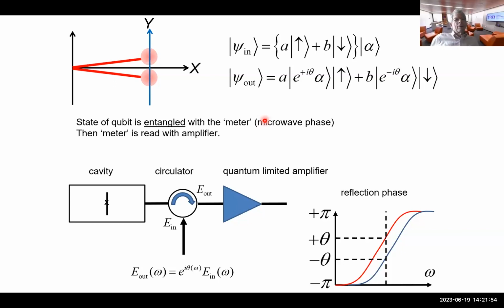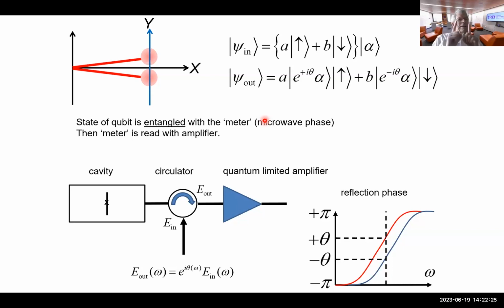So there are a number of ways to make squeezing. One way is you have a cavity, and it's coupled to a transmon. And what you'd like to do is coherently add 2 photons at a time. You'd like to have a pump that pumps in not 1 photon at a time, the way a signal generator does, but 2 photons at a time.